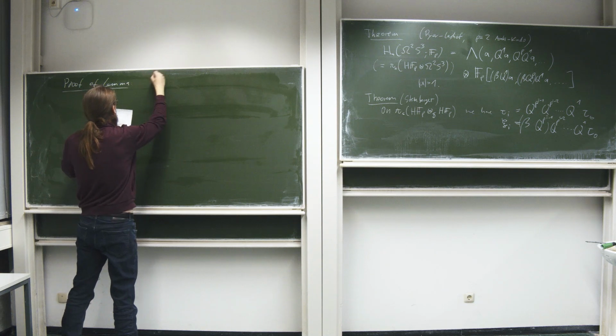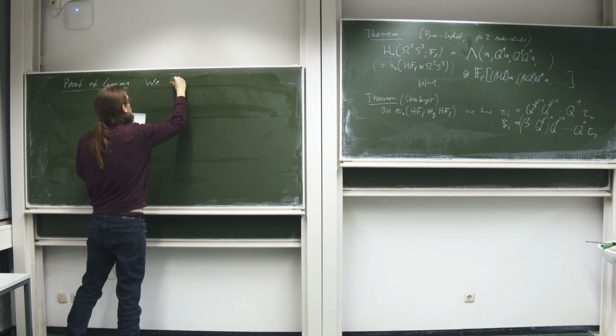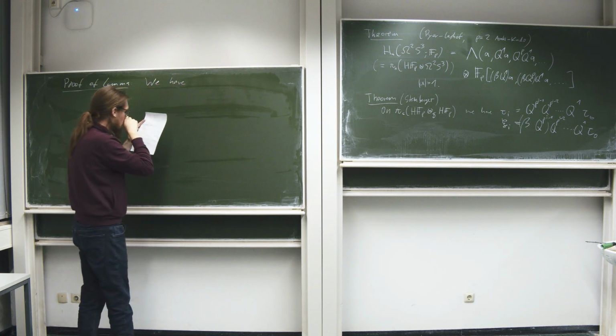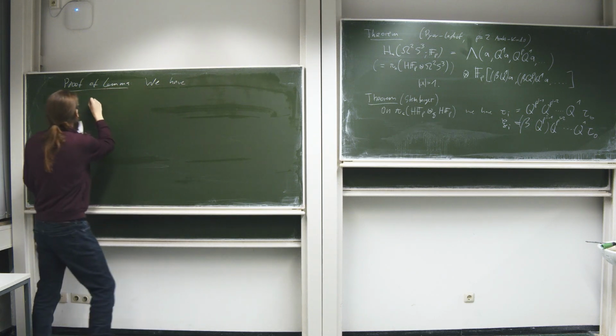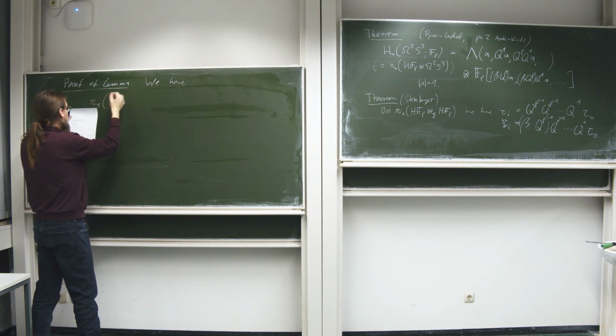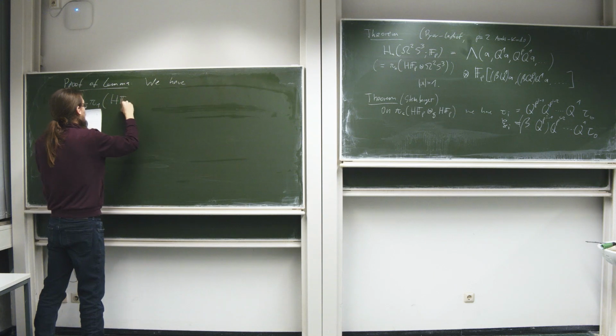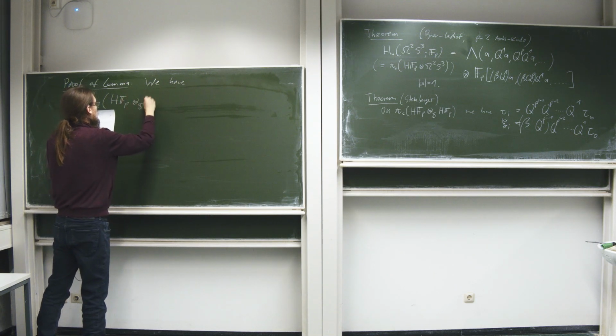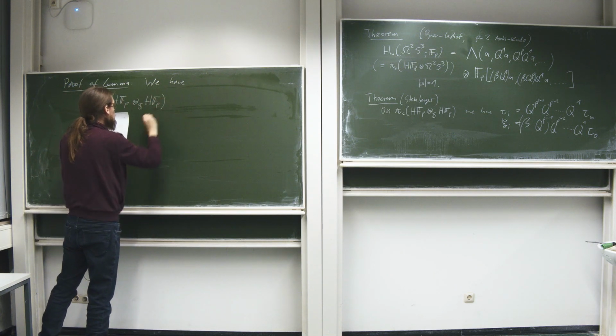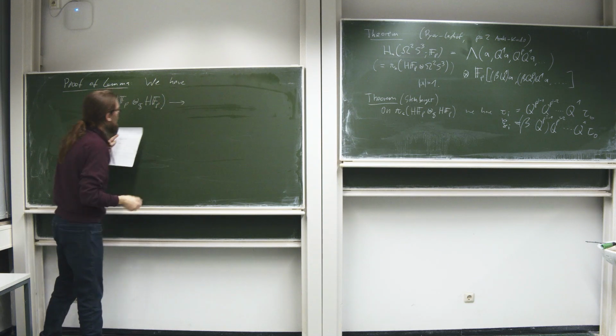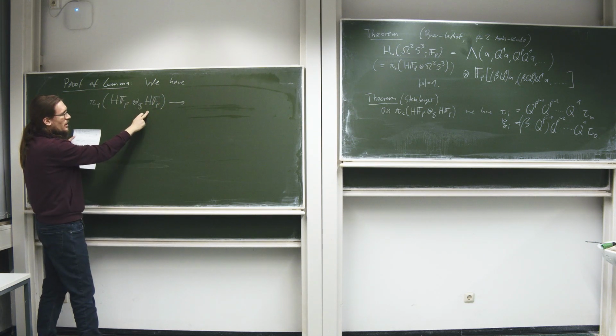So first of all, this is something I already announced earlier. If we want to compute pi 1 of HFP tensored over S with HFP, then this guy maps, of course, to the corresponding tensor product over the integers. Right?